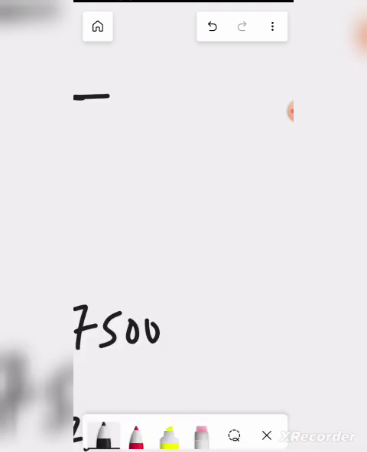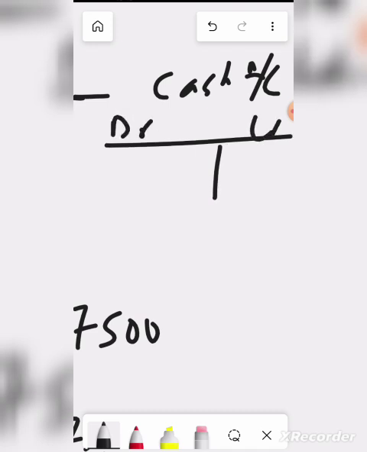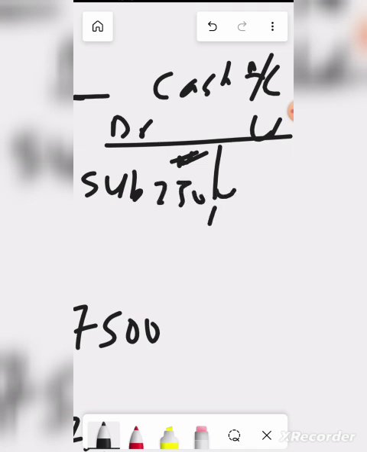So we have the cash account. What we are saying is that we received cash for subscription. We received 250,000 naira here, in thousands, on the debit side.